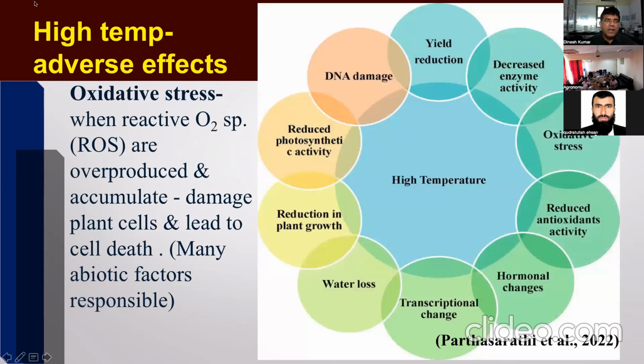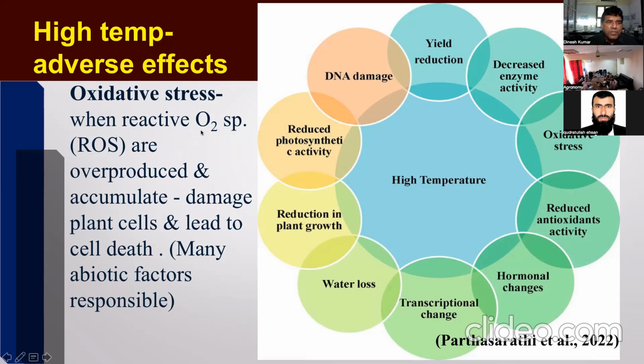Now you can see another important point: whether temperature is low or high, it has adverse effects. You can see on the right side, high temperature effects. There are a number of effects. On the left side, oxidative stress, which means related to oxygen.